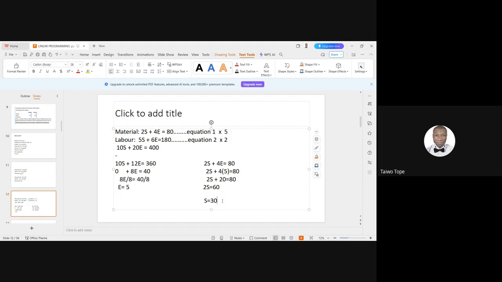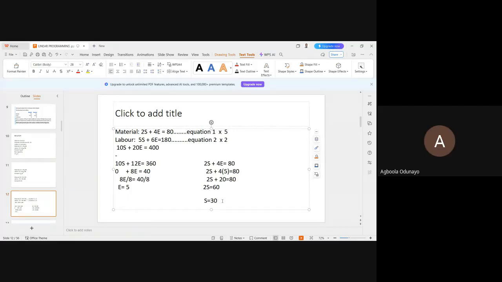So for equation 1 alone, if we make x 0, what will be the value of e? If x is 0, what will be the value of e? 20. If e is 0, what will be the value of x? 40.